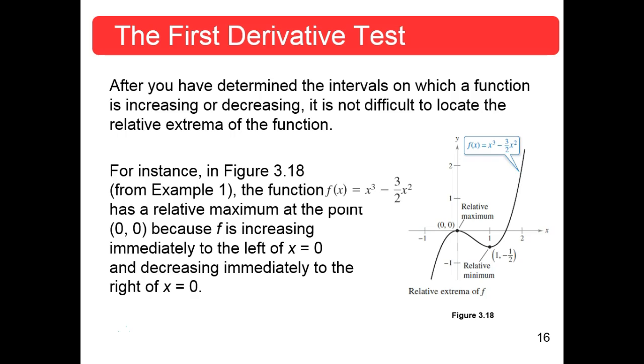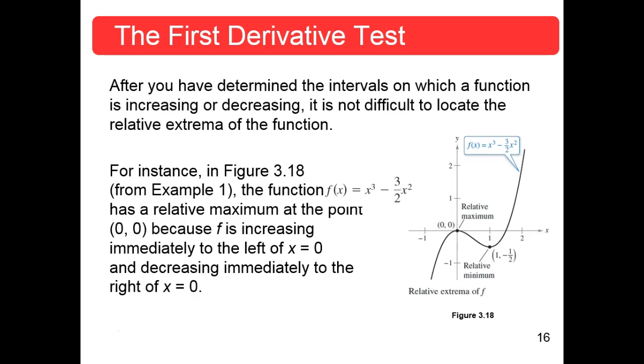So, whereas before, all that told us was that it was a critical value, but it didn't tell us it was necessarily a max or min. Now we know it is. We know it's increasing before, decreasing after, has to be a max. Over here, decreasing before you got to x equal 1, increasing after that, that means that has to be a minimum. Okay? It makes sense on the graph.